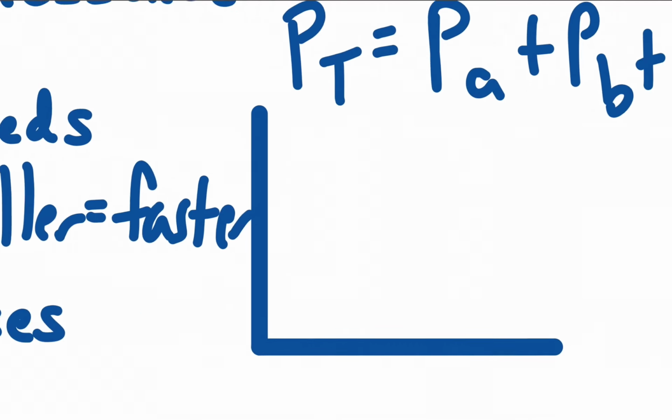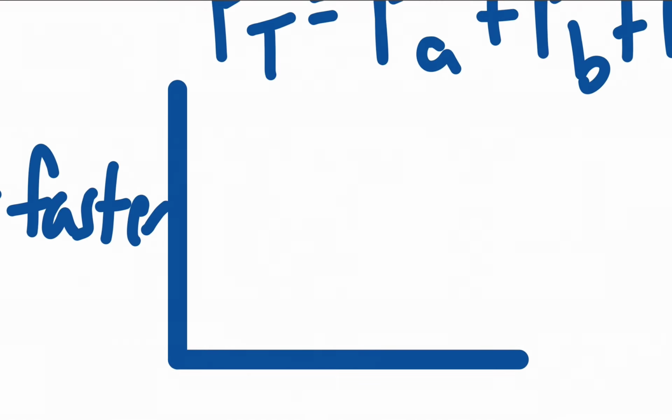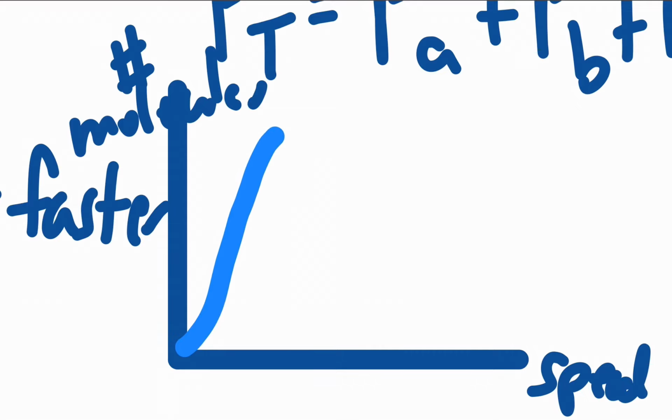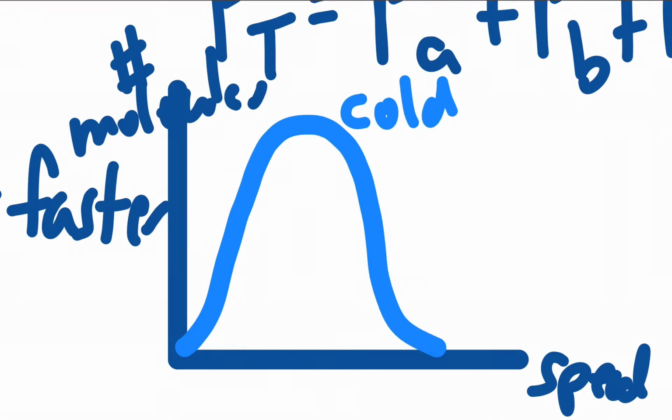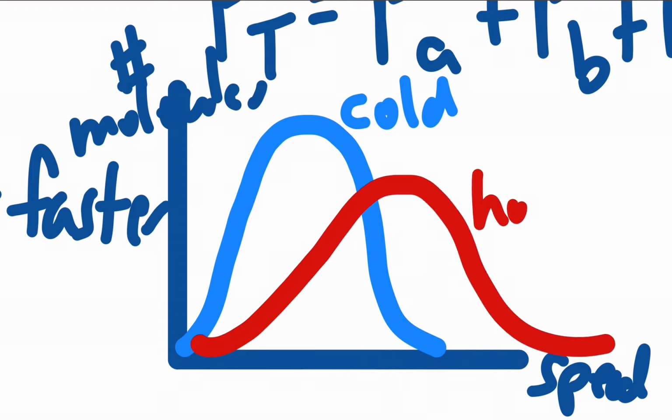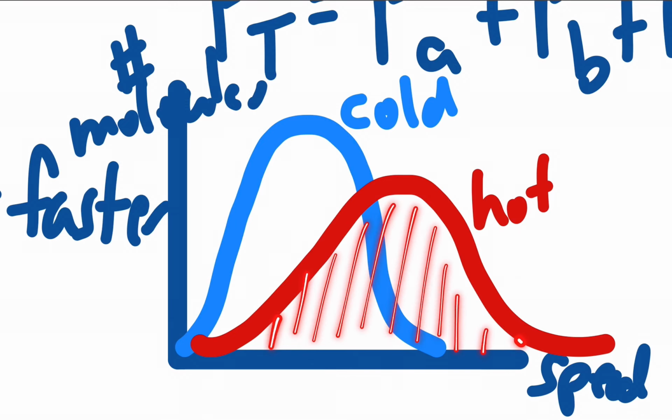There's also a common graph you might see that looks like a distribution of the relative number of molecules versus speed. And if I look at, let's say, some cold temperature and compare it with a hot temperature that might look like that, the area underneath these curves indicates all the molecules that are in a distribution of speeds.